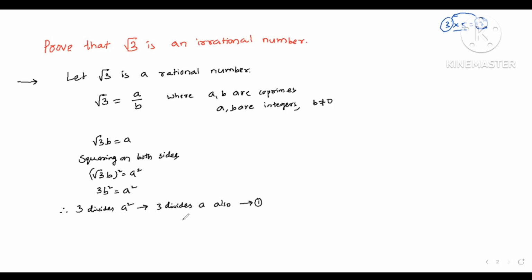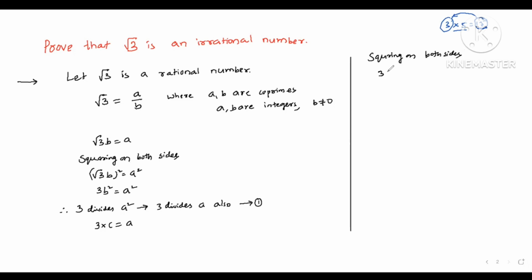Here we can take 3 divides a, so you can write 3 into some number c equal to a. Why? Because 3 divides a, so 3 into some number compulsorily you should get a. Now squaring on both sides again. Two times we have to square in this process.